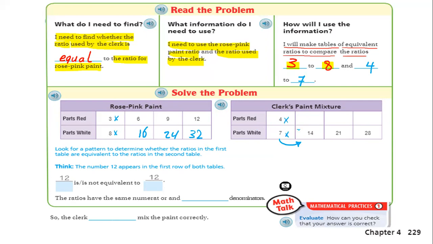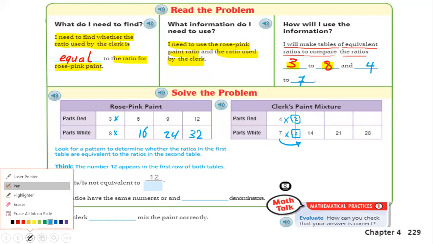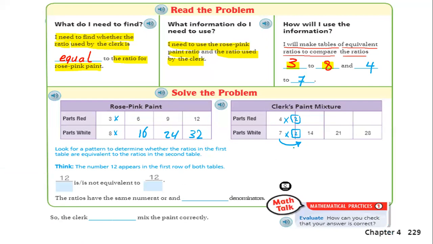What should I multiply by here? By 2, so it's 8 and 14, and then by 3, 12 and 21, and then by 4, it's 16 and 28. Good job. You're smart in solving this.